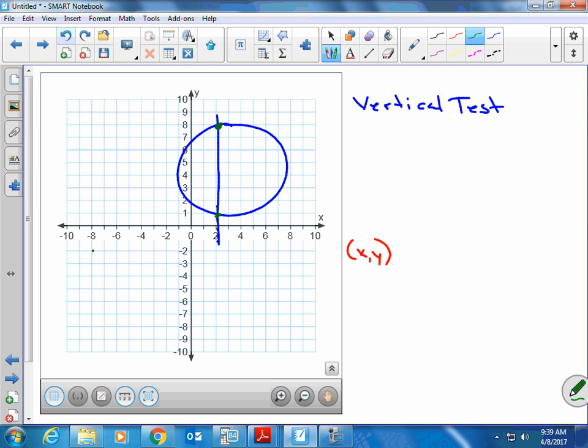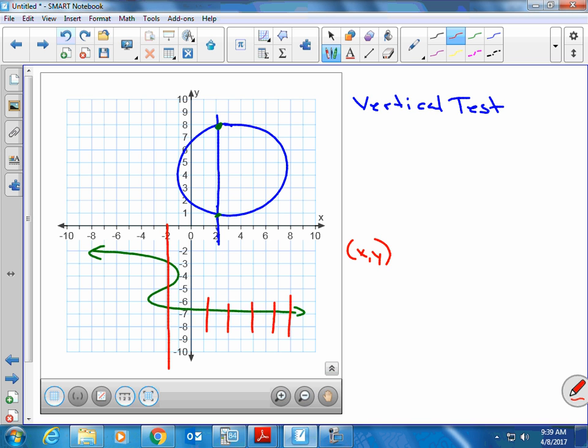Let's do one more. Function, not a function. Not a function. Even though I can draw vertical lines out here, and they only pass through my graph once. Vertical line test says if I draw a vertical line anywhere on my graph, and it passes through my graph more than once, the graph is not the graph of a function.